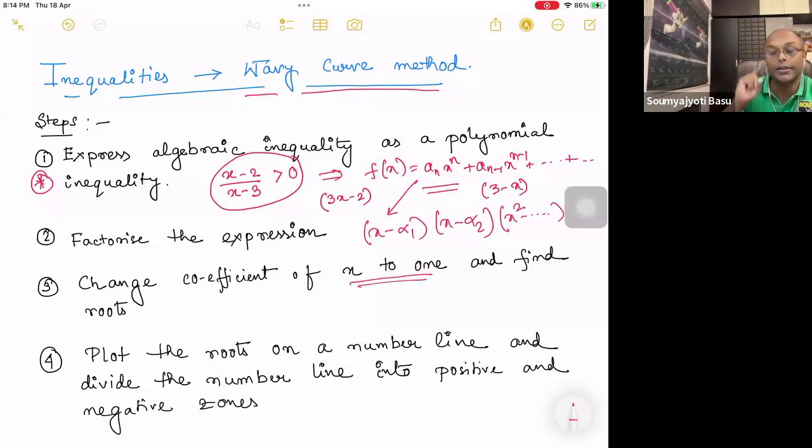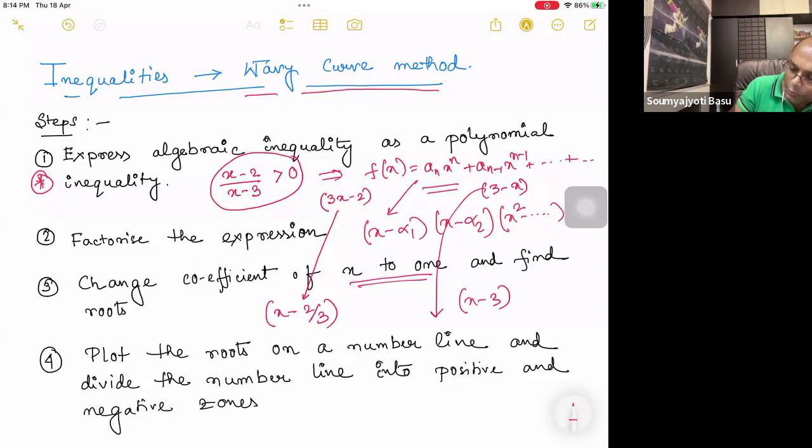This is very important. For example, you can change 3x minus 2 to x minus 2 by 3, or 3 minus x to x minus 3. Of course, there will be a minus sign outside for the second case and a 3 outside for the first case. But you have to do it. Why? You would understand once I start solving.